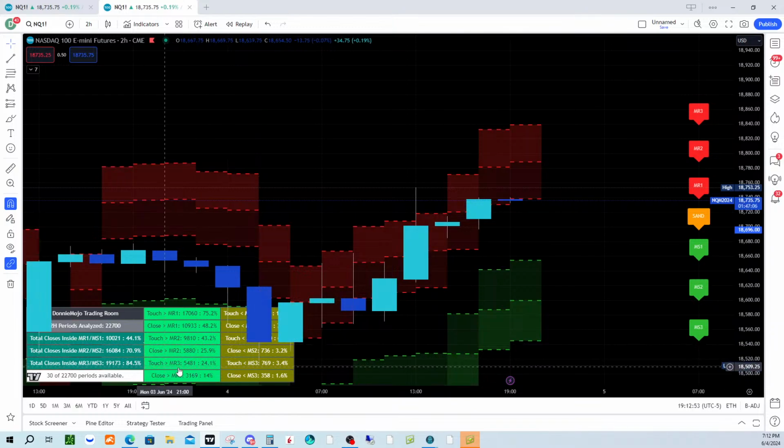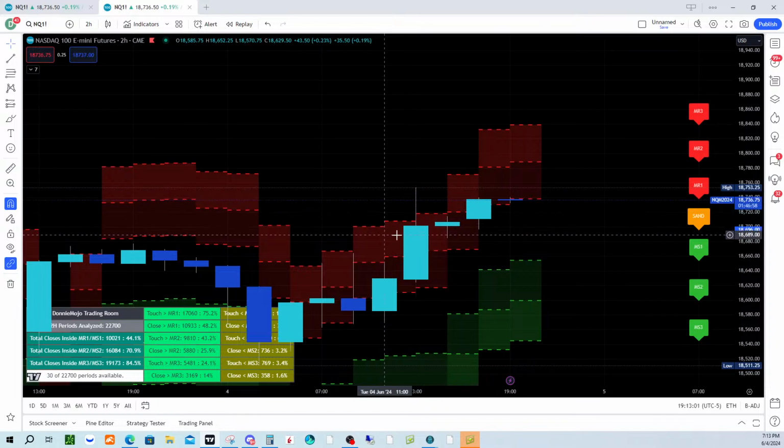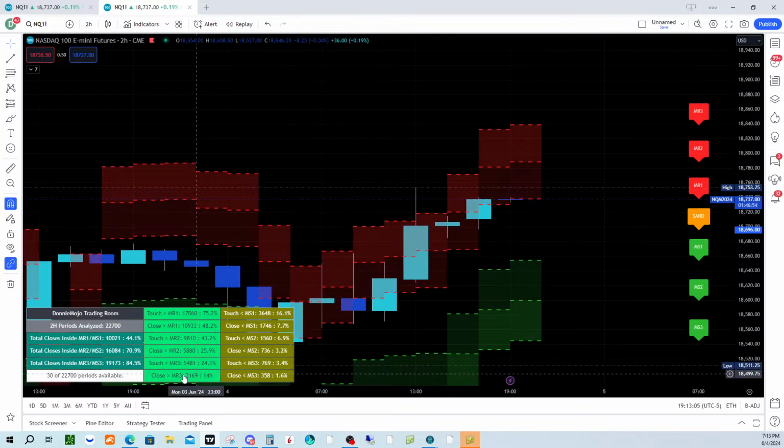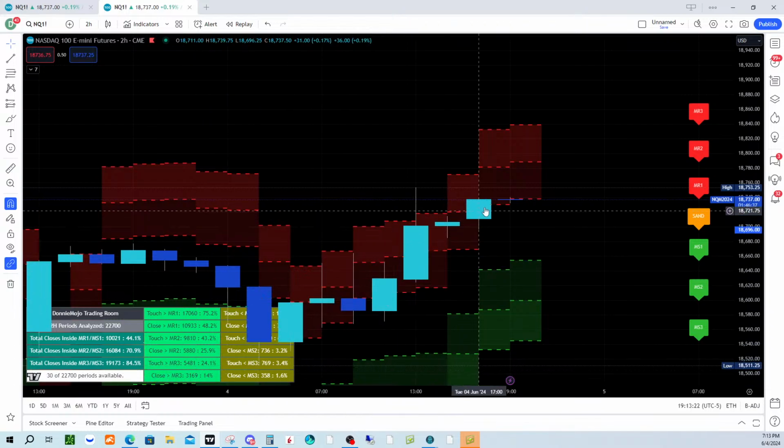The third line, it touched it and blew through it 24% of the time. And then it only closed above it, greater than MR3, 14% of the time, over 4,500 hours.